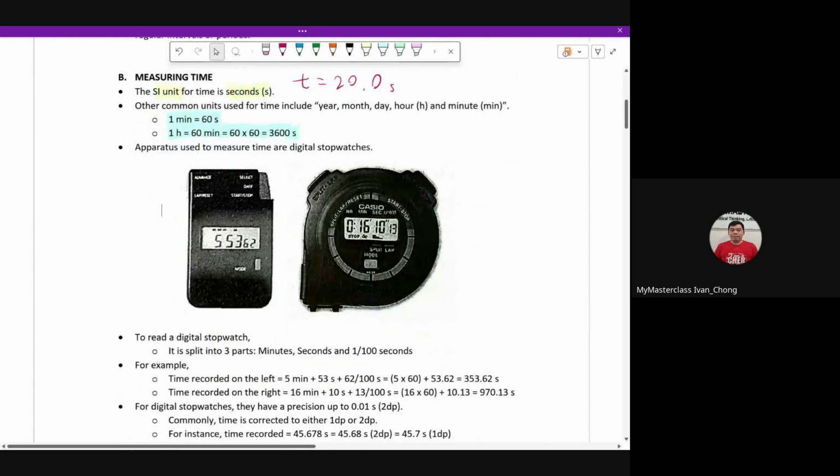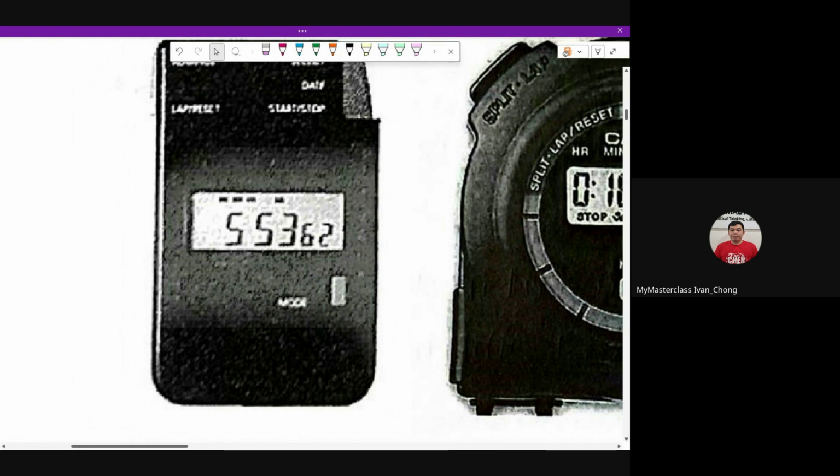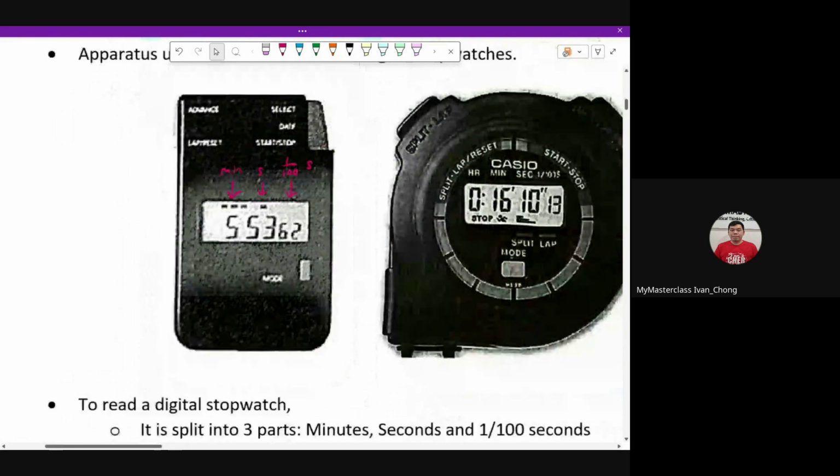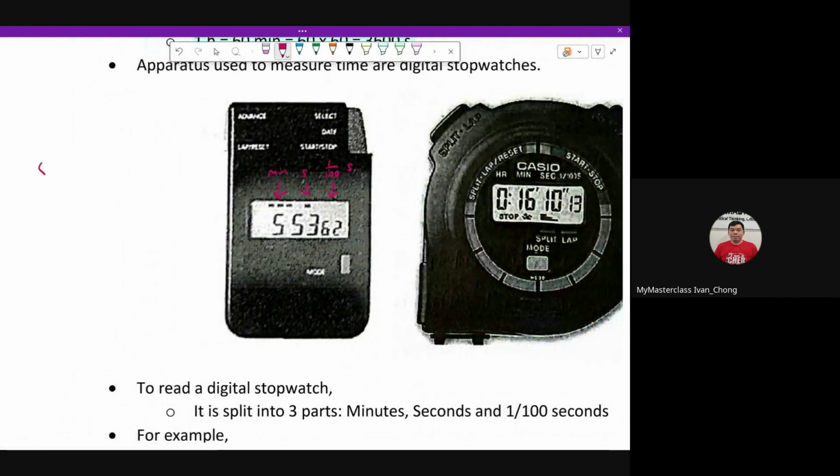Now, some of the stopwatches that you see over here are actually in different units. So if you see, this one is in minutes, this one is in seconds, and this is actually 1/100 seconds. Okay, so how do we read this over here? This is actually 5 minutes, 53 seconds, and 62/100 seconds.